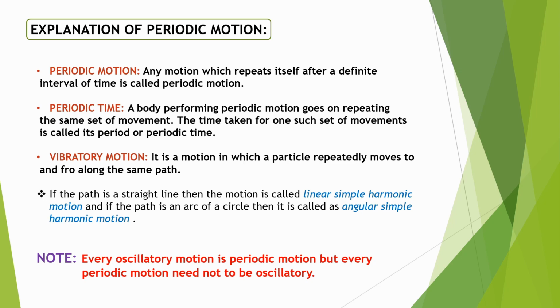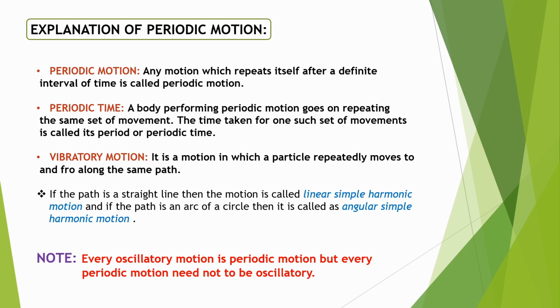Vibrational periodic motion means the particle repeats its to and fro motion along the same path in equal intervals of time. For example, the oscillation of a simple pendulum, the vibrations of atoms in a molecule, the motion of the needle of a sewing machine.